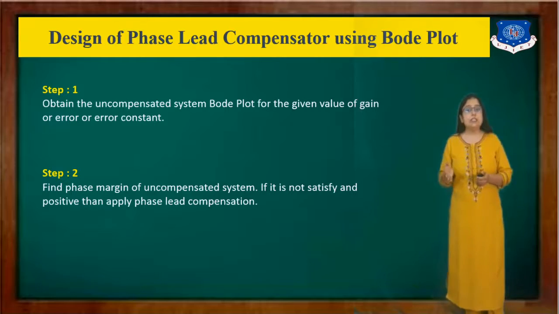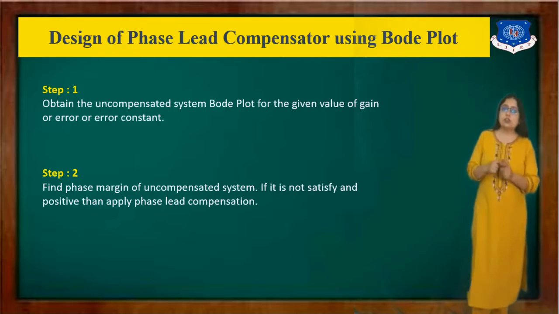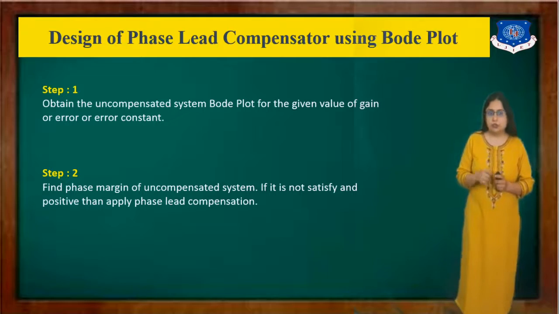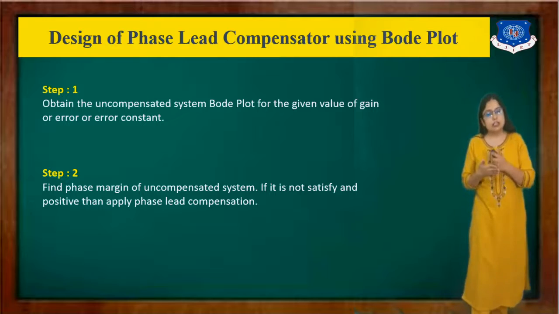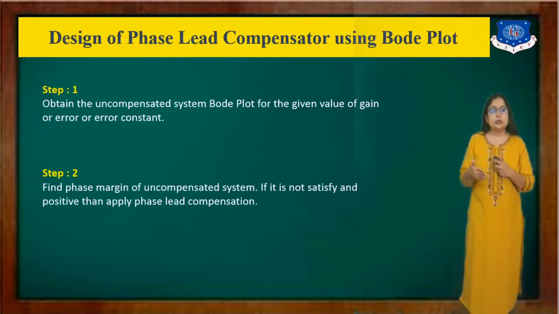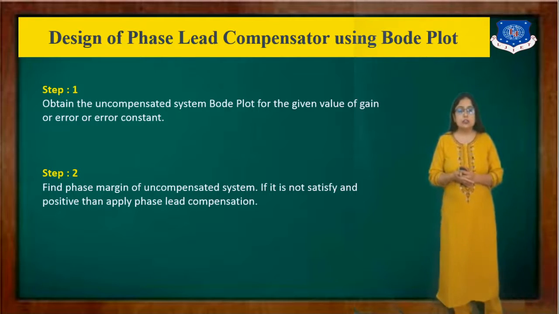That means whenever you draw the uncompensated Bode plot, then after completing that step, you have to find out the phase margin and check whether that value is positive or negative. Sometimes in an example they ask to design a system for a phase margin equal to 50 degree, but your phase margin is positive 40 degree.